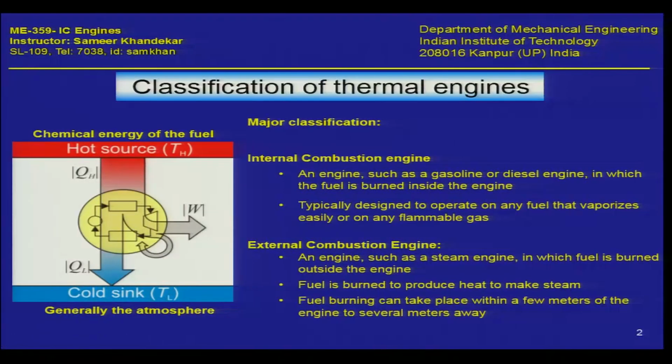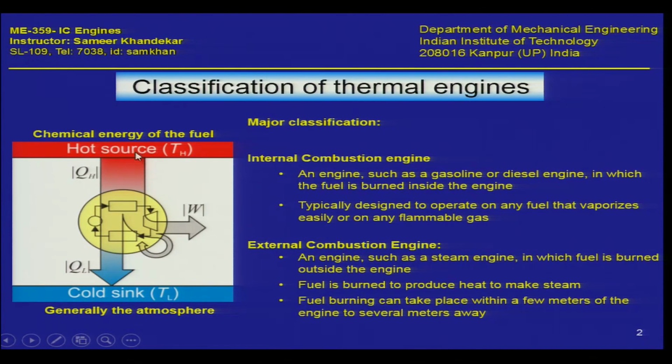Before we go to the classification of internal combustion engines, let us try to classify thermal engines per se. As you know, the major classification is internal combustion engines and external combustion engines. On the left you see a schematic diagram of a typical thermal engine.